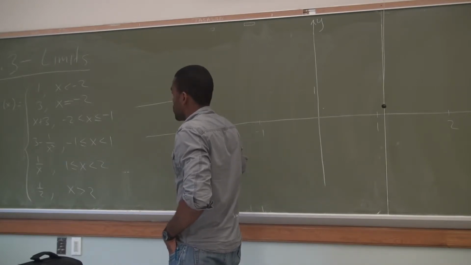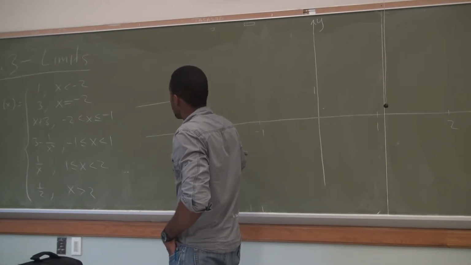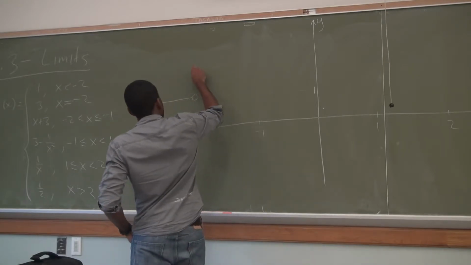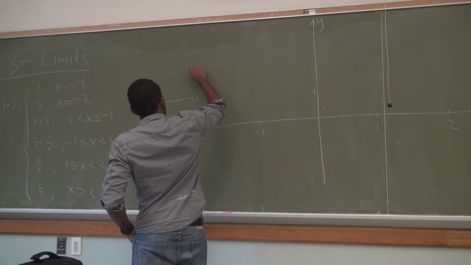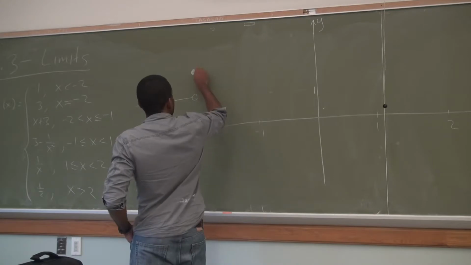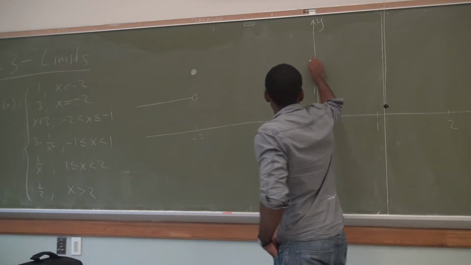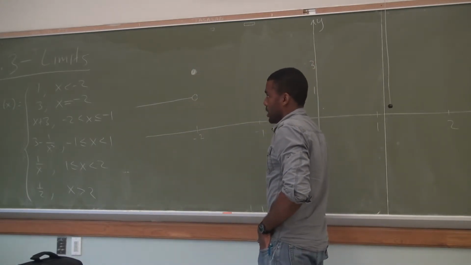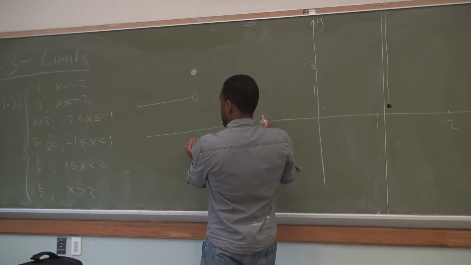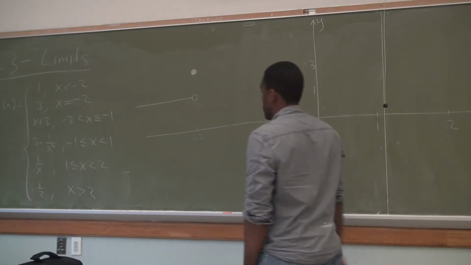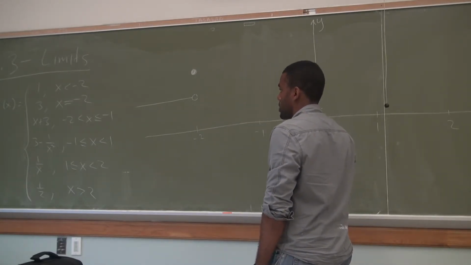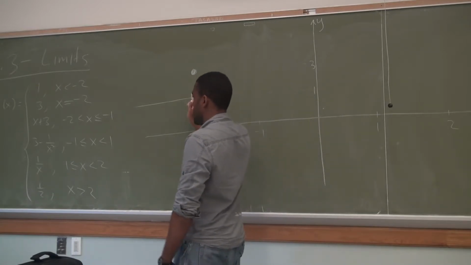Now, at -2, what is my function? 3. Let's say I'm at 3. Between -2 and -1, what is my function? X plus 3. So where is it on the -2 line?